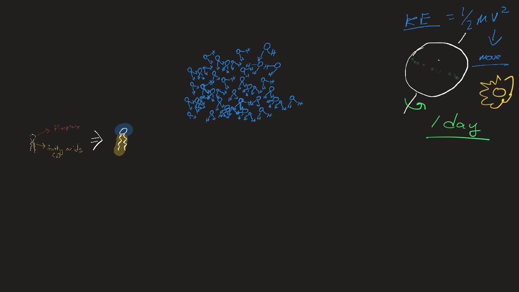Then every 365 and a quarter days, this planet moves around the sun. So it's rotating, spinning on its axis, and it orbits the sun as well.